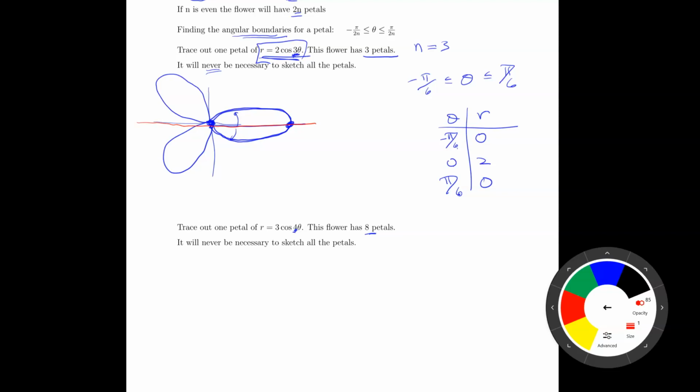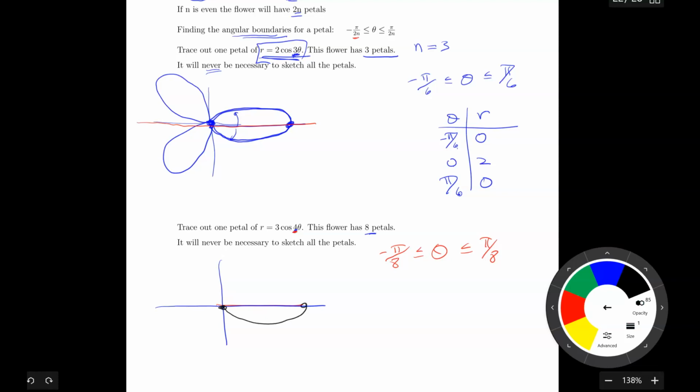Okay. So 8 petals, so let's look at what the angles would be, right? So the n is 4, so negative pi over 4 times 2 would be 8, right? And then up to angle pi over 8. So again, if I was to superimpose my xy axis here, then negative pi over 8 would give you here, angle 0 would be here, and then angle pi over 8 would be here.